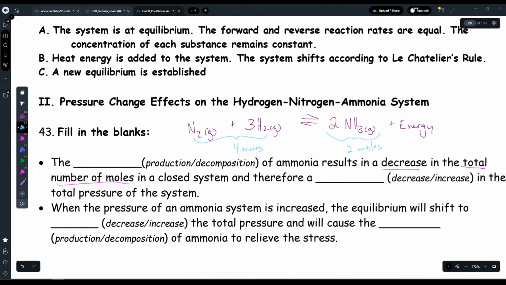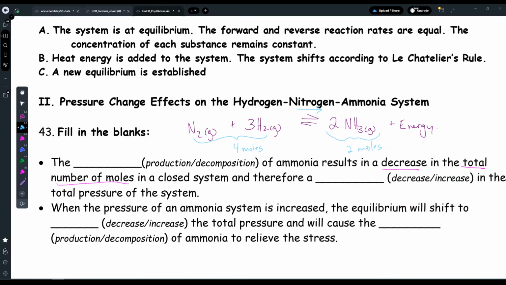So if we're shifting to the side that has the lesser amount of moles of gas, that means that this equilibrium, as written, has shifted to the right. So that means if it's shifted to the right, the forward reaction is favored.